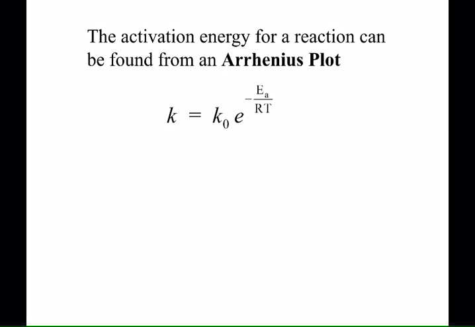That's the Arrhenius constant, which picks up the orientation part of the rate. So it's the orientation factor, k0, times e raised to the negative Ea over RT, where Ea is that energy barrier, R is the ideal gas law constant, and T is the temperature at which this reaction is occurring in the Kelvin scale.